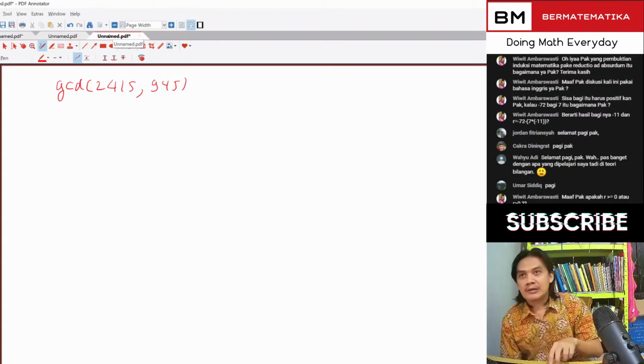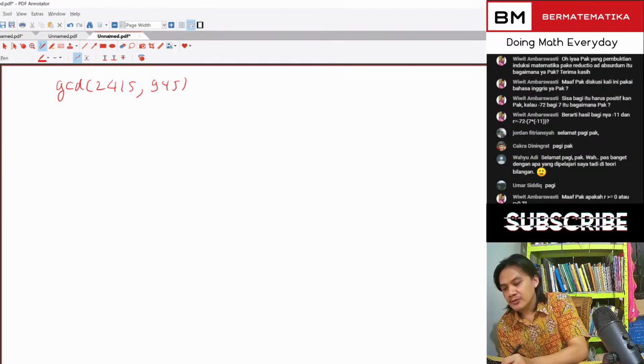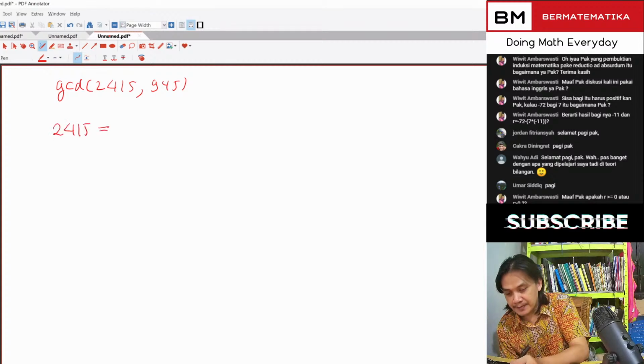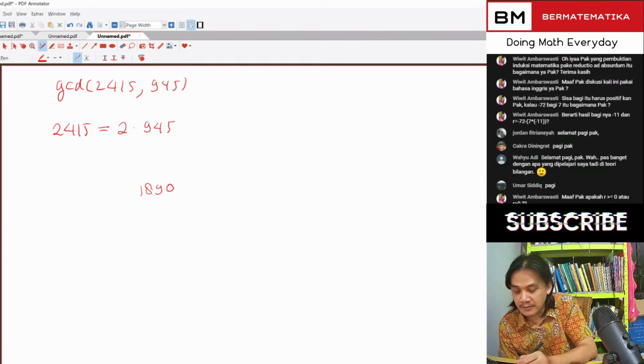So let me do the first step of the division algorithm, right? So 2415 is equal to, what is the biggest multiple of 945 which is still smaller than 2415, which is 2, right? 2 times 945 is going to be 1890. So the remainder will be what?